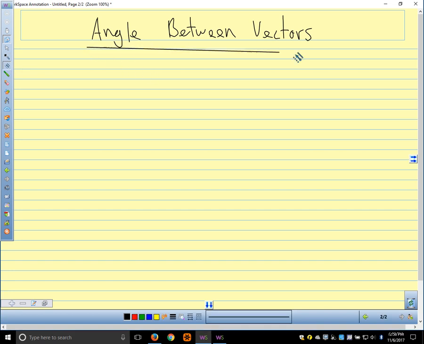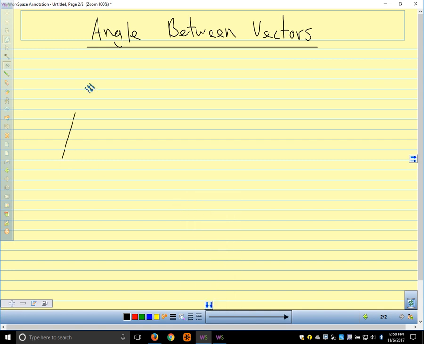Okay. One piece of information the dot product gives us is information about the angle between vectors. So let's say that we have two vectors, u and v, and we have some angle between them. So 0 less than or equal to theta, less than or equal to 180 degrees.